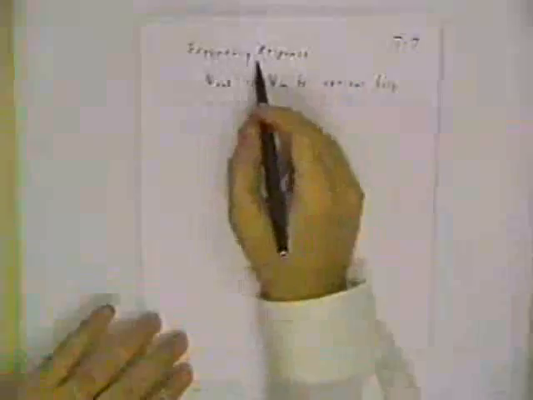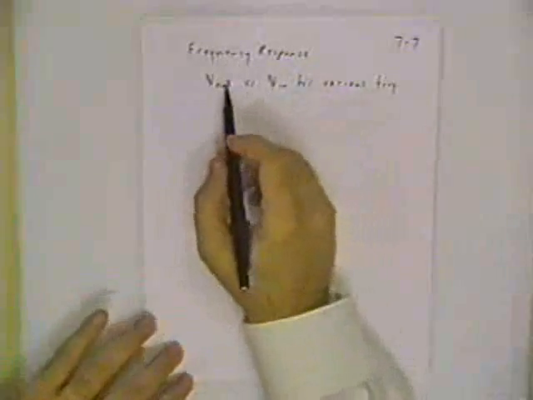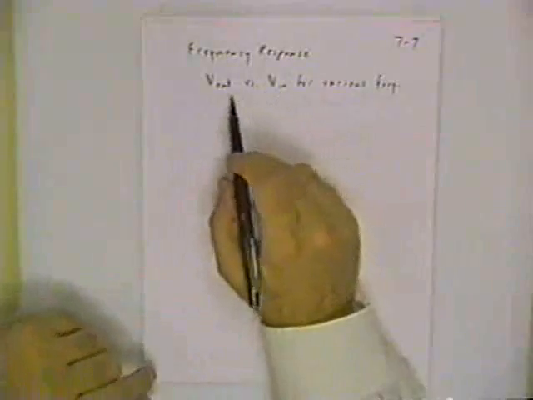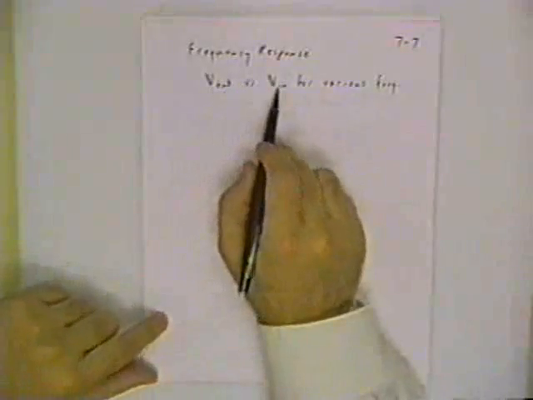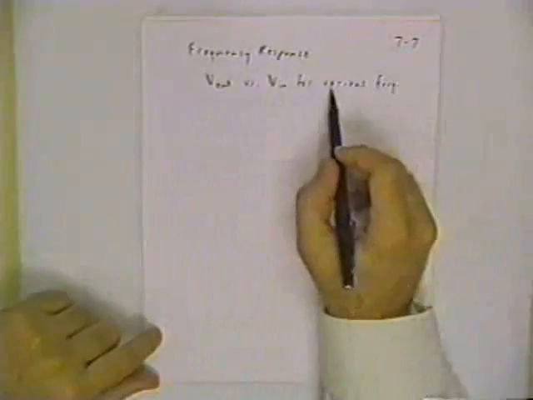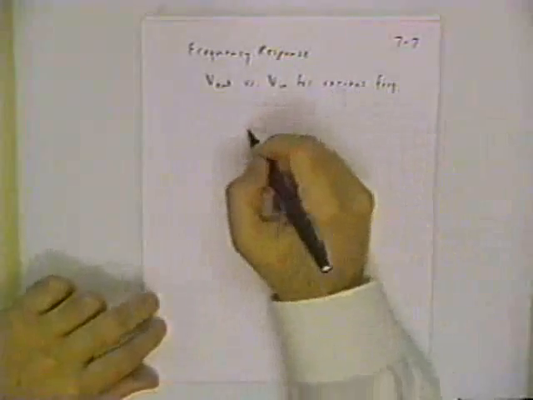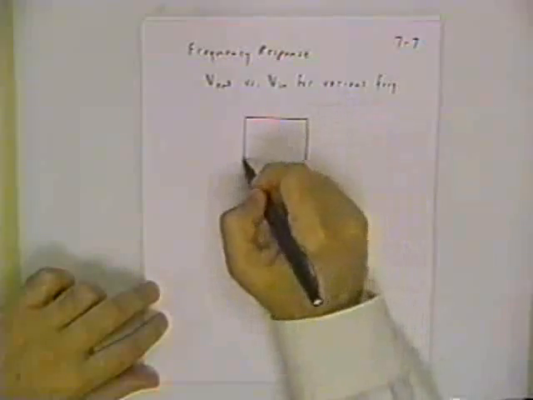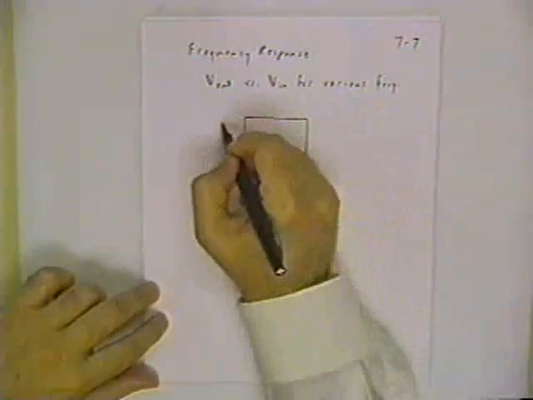So in frequency response, you're generally comparing an output parameter to an input parameter. In most of your examples, you'll see output voltage compared to input voltage, and you consider that as a function of frequency. So the idea is that you have some kind of circuit in here.